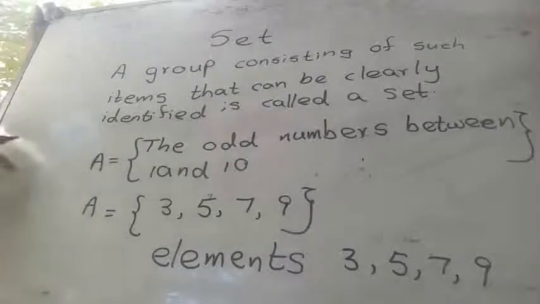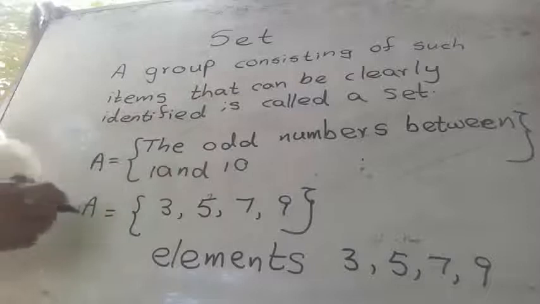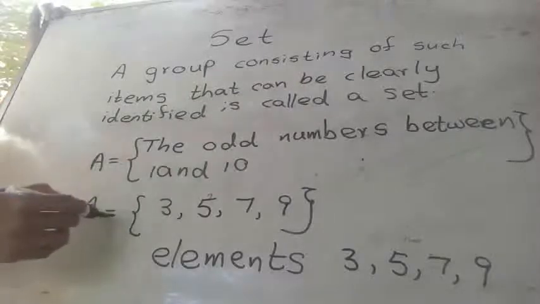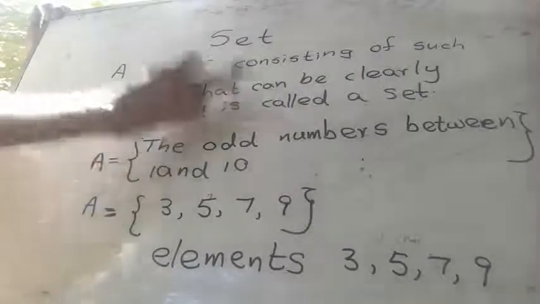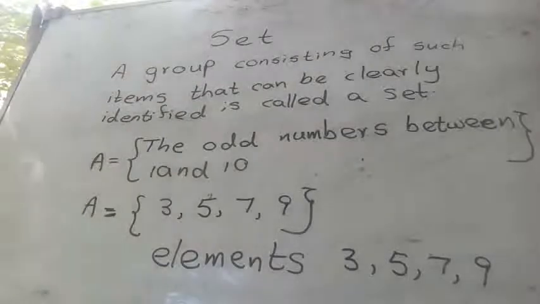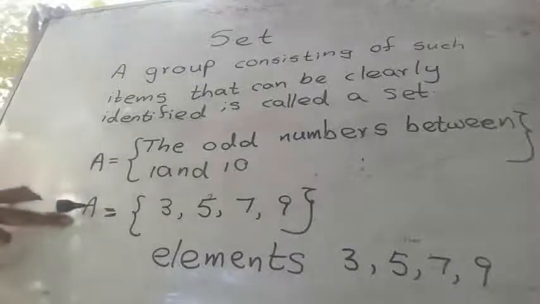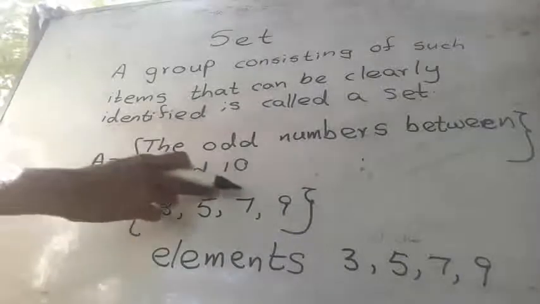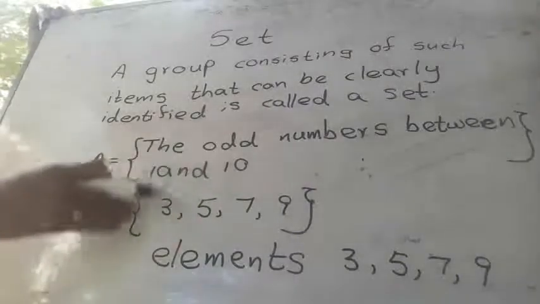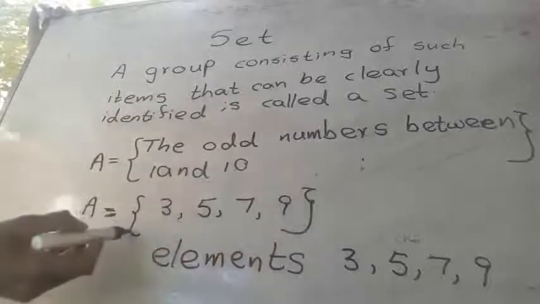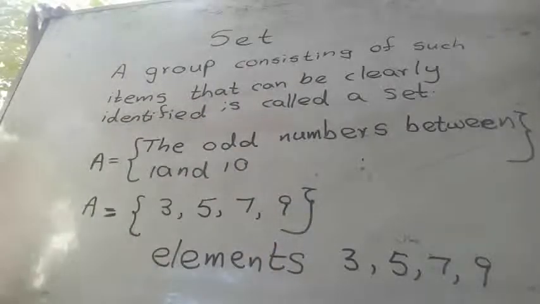A is equal to the odd numbers between 1 and 10. This is the descriptive method. Then the second method: we write the elements of the set within curly brackets. They are curly brackets.